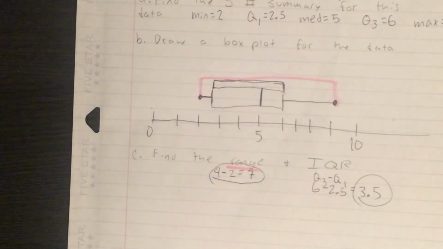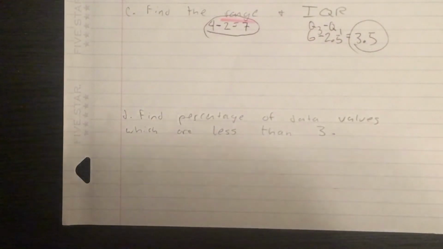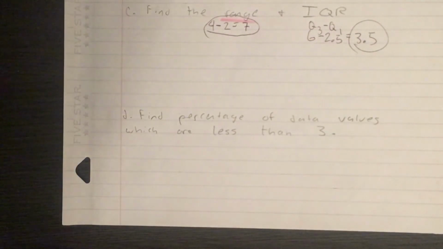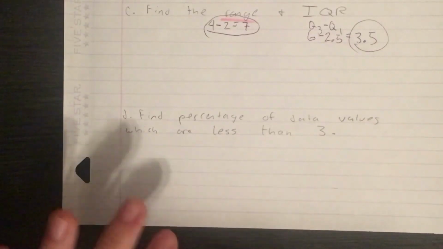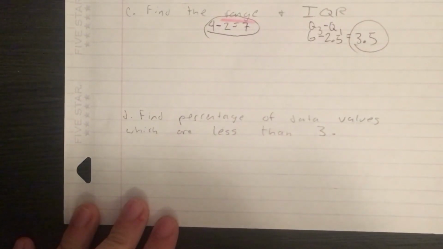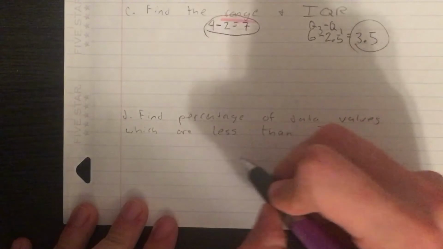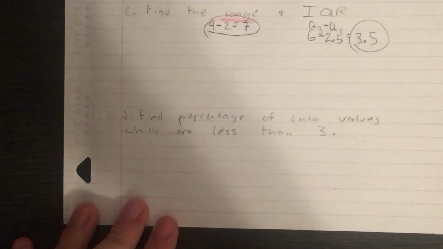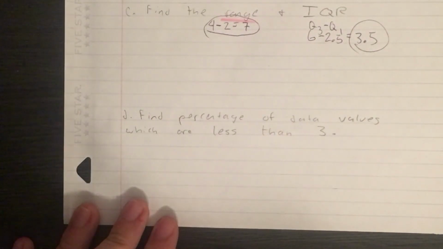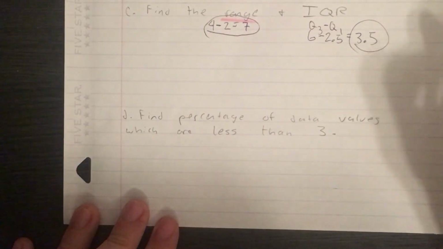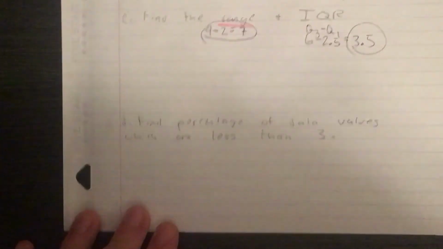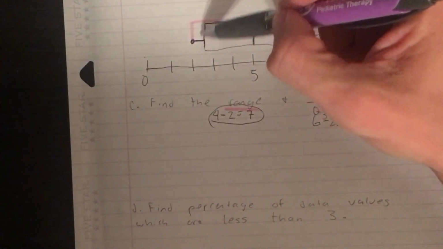And then the last thing here, for part D, was to find the percentage of data values which are less than 3. If we look at that ordered list, there were, I believe, 4 data values less than 3, which also makes sense with our quartile 1. Q1 is 2.5, the point that 25% of your data lies below.